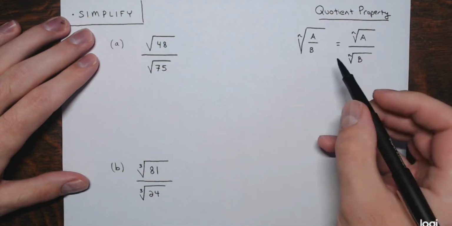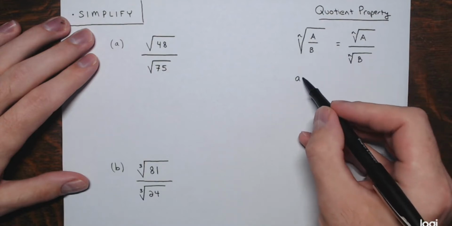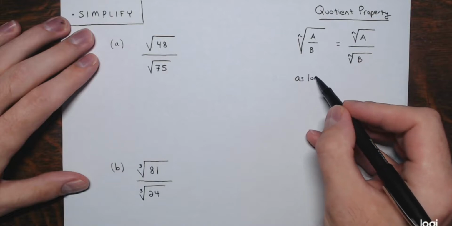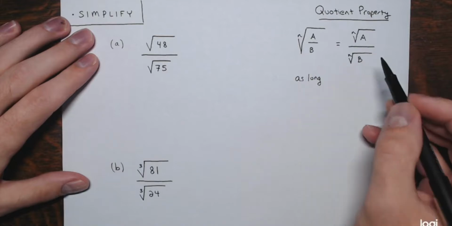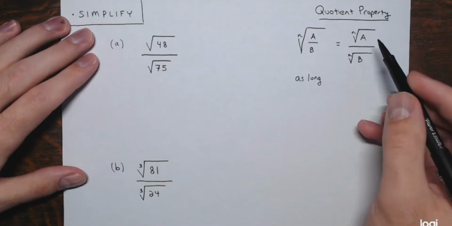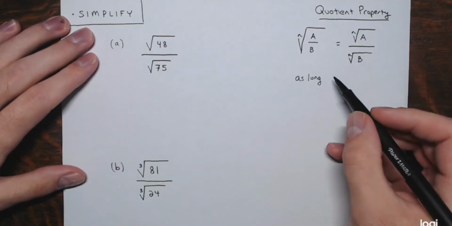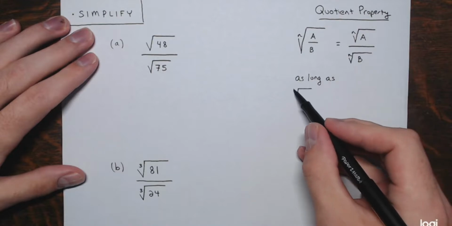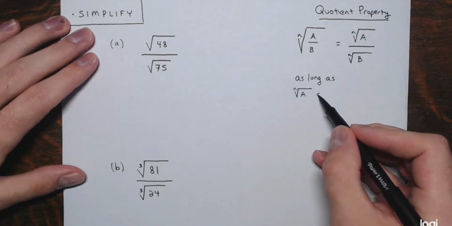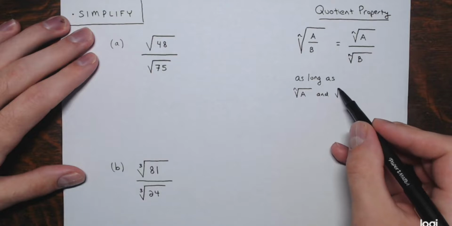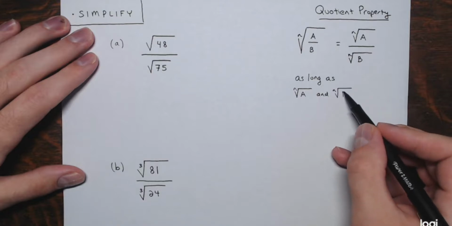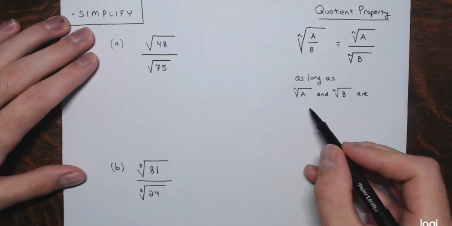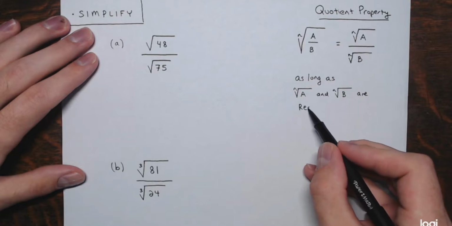But the only way this property applies is if these nth roots were real numbers. As long as the nth root of A and the nth root of B are real numbers.